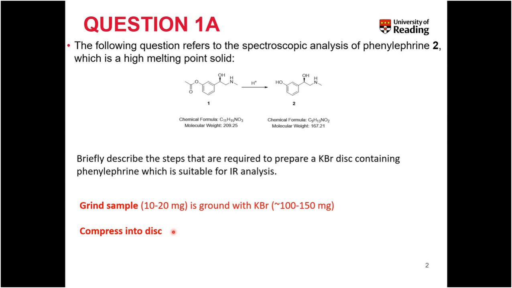You would just need to mention the key stages. So you would need to say the sample is ground with KBr, give an indication as to the quantities required, and compress into the disc. This question will be a 3-mark question and there will be 1 mark for each of those components.